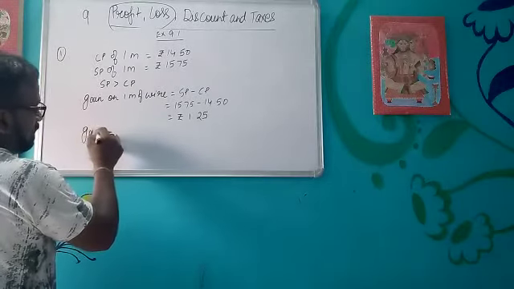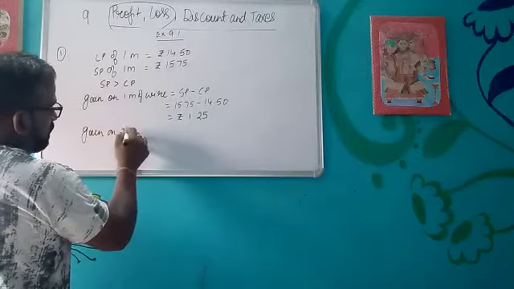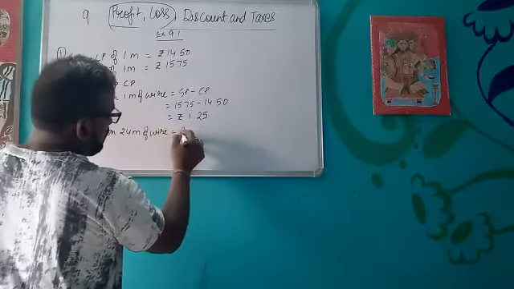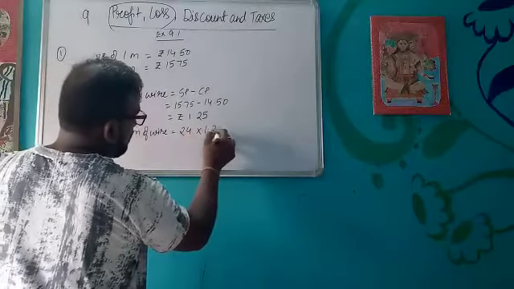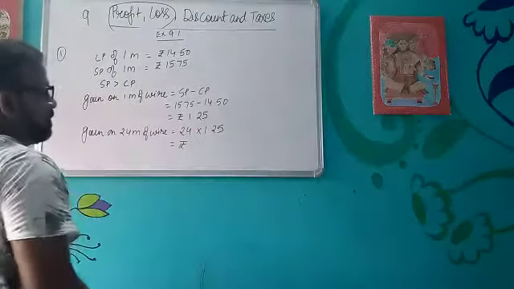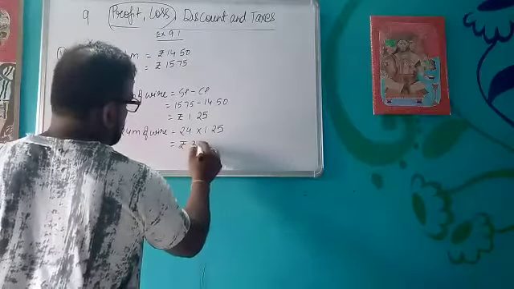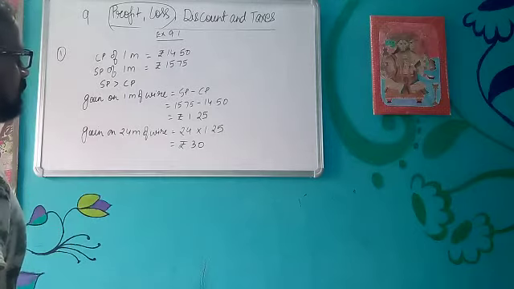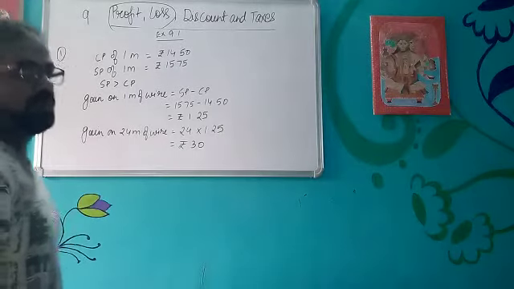It is 24 meter. So 24 meter wire gain we will calculate by multiplying. So you will get rupees 30. Okay, so this will be the total gain on 24 meter of the wire.